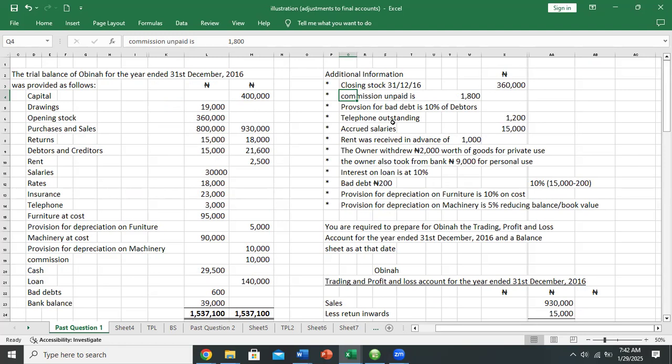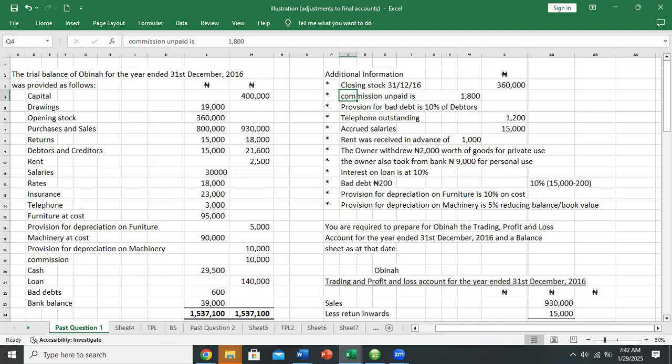The next thing, telephone outstanding, accrued salaries. These are expenses and they are not prepaid, they are owed. So they will not be part. Rent received in advance. The rent was an income. So received in advance, that will be a liability too. Okay. So we only have this commission unpaid.